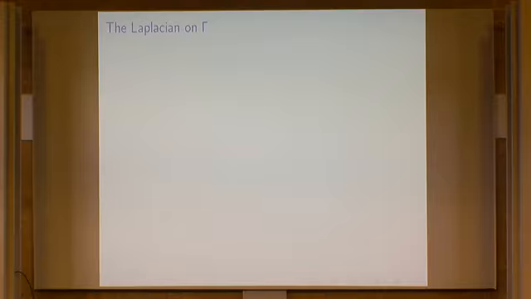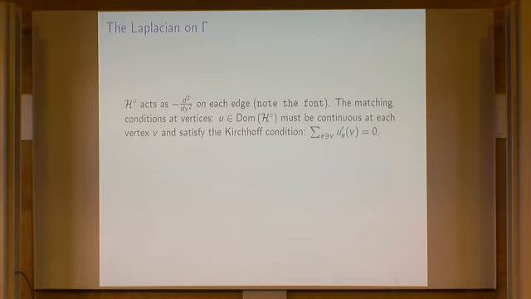Now the Laplacian. On each edge, the Laplacian acts as minus the second derivative. Note the font here: the Laplacian on the quantum graph is denoted by this calligraphic font, and the corresponding Laplacian on the combinatorial graph is denoted by the usual font. So the matching conditions.